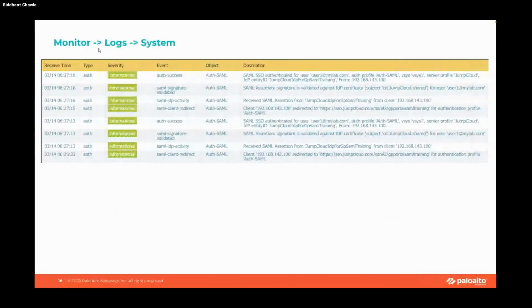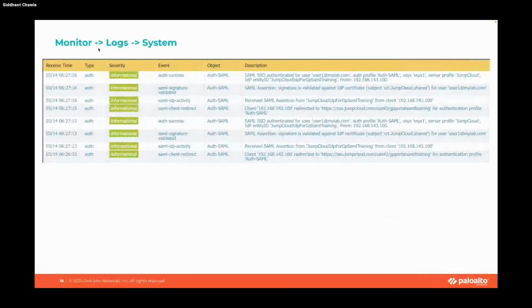So you can obviously view the logs through the system logs on the GUI and GP monitor logs as well. If you're not comfortable going through the authentication logs on the CLI, there are a lot of cases where the users who are troubleshooting may not have full access on the firewall. They have the GUI access, but not the CLI access, and they need to view whether a successful authentication is happening or not.